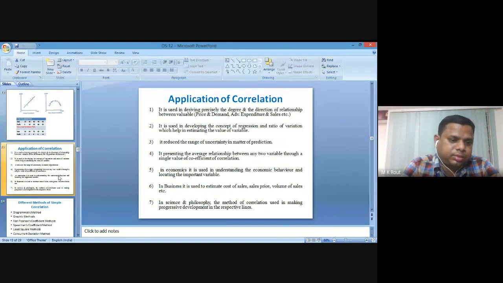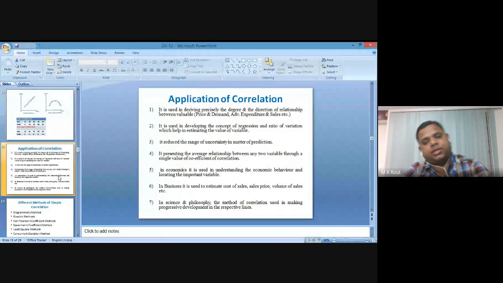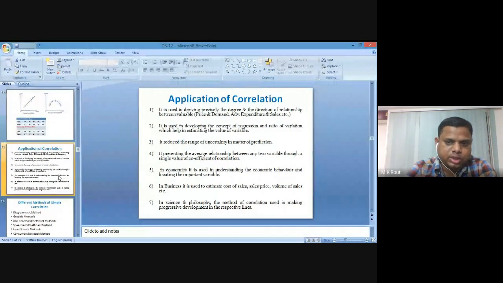So these are the basic applications in various fields like economics, business, science and philosophy. Apart from those, basically it is used to develop the basic concept of regression analysis, and to calculate the different ratios of variation which help to estimate different values of variables.